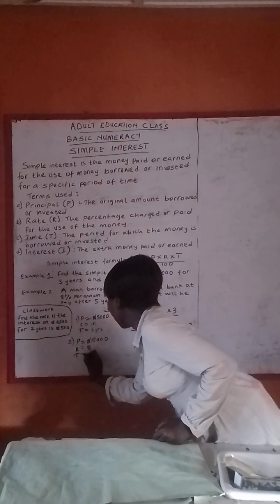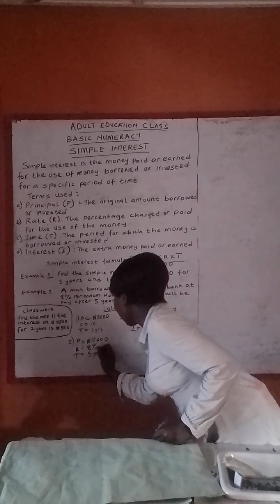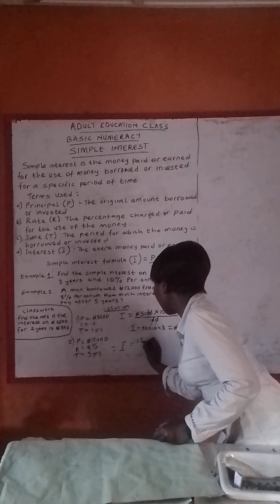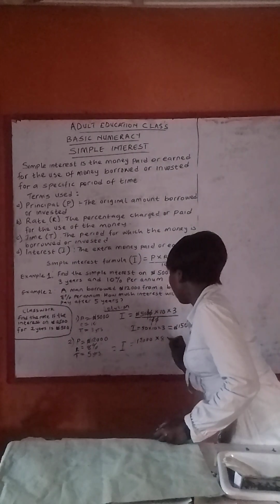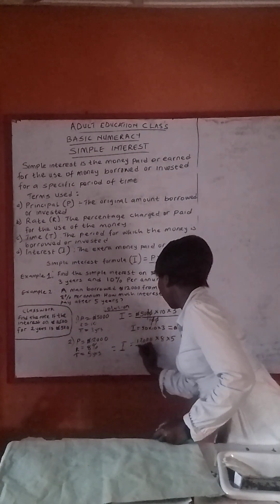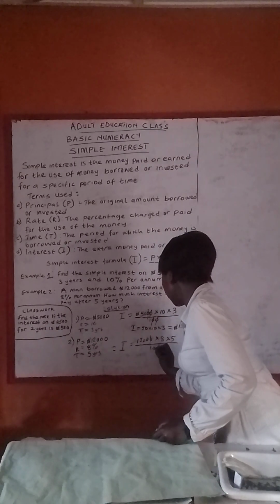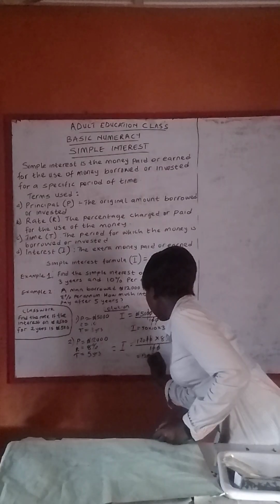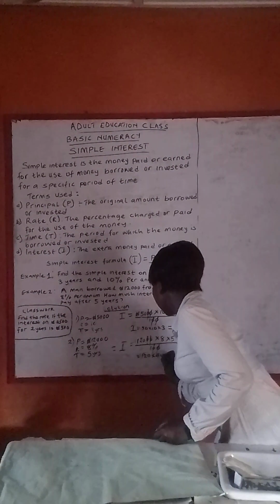And then T equals 5 years. So if you bring them in, it will be 12,000 naira multiplied by 8 multiplied by 5 over 100. This one cancels this, this one cancels this. This will be 120 multiplied by 8 times 5, which is 40.